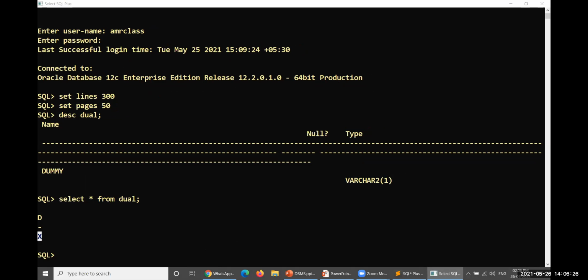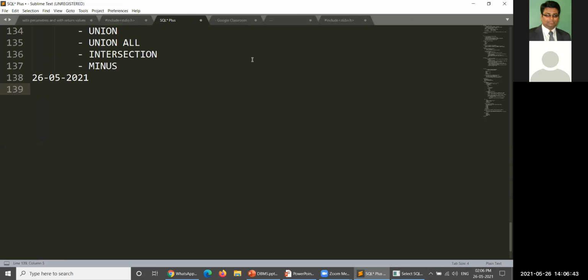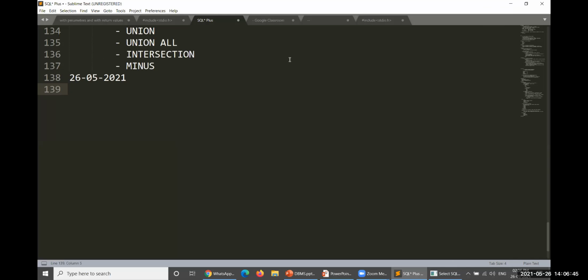Then what is the purpose of the DUAL table here? DUAL is a temporary workspace provided by SQL.